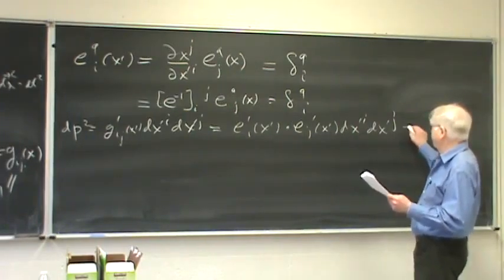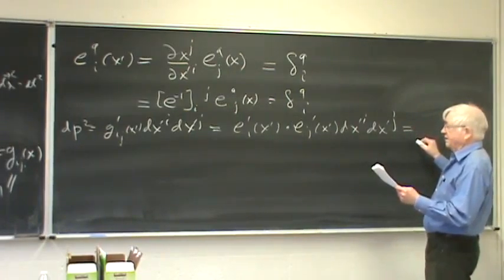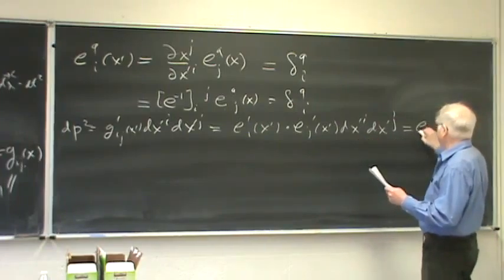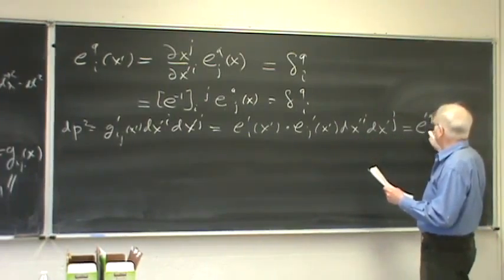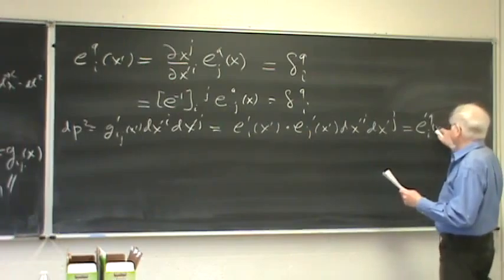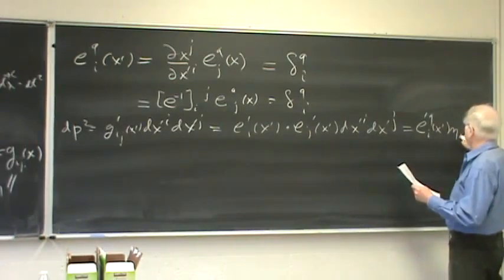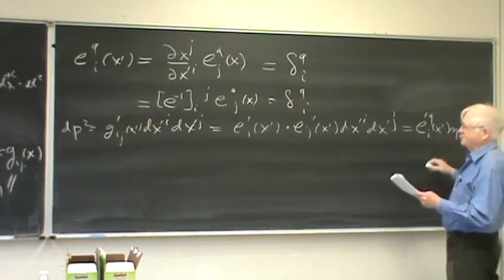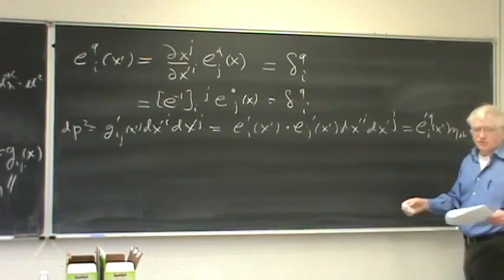And this is then putting in the metric of space-time. This is e prime a of x prime, eta ab, and I'm just going to use ab whether we're talking for four or n.